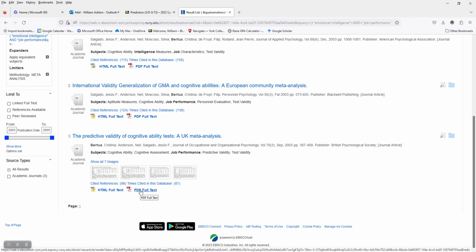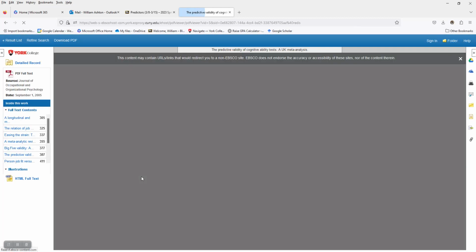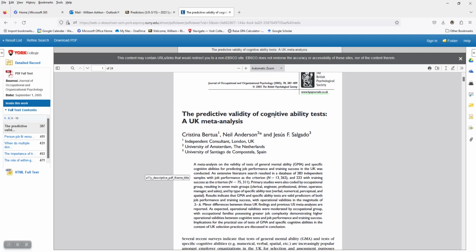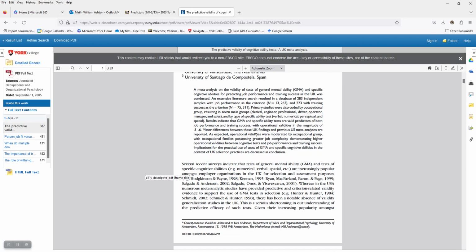So let's open up the PDF, take a look at it. Okay, so Journal of Occupational and Organizational Psychology, that sounds good. Cognitive ability tests, a UK meta-analysis. A meta-analysis on the ability of tests of general mental ability and specific cognitive abilities for predicting job performance. That sounds like exactly what we want.